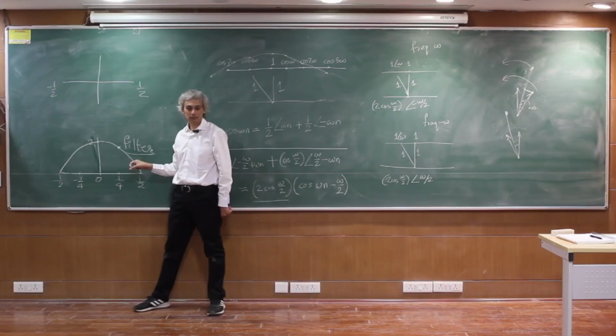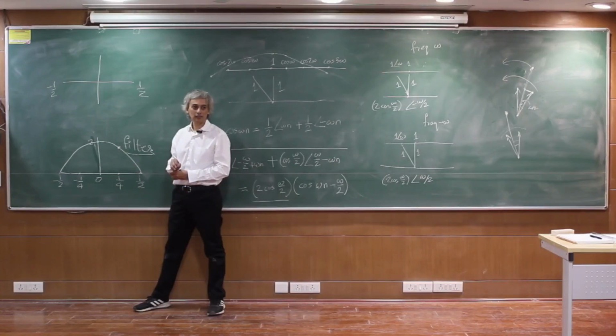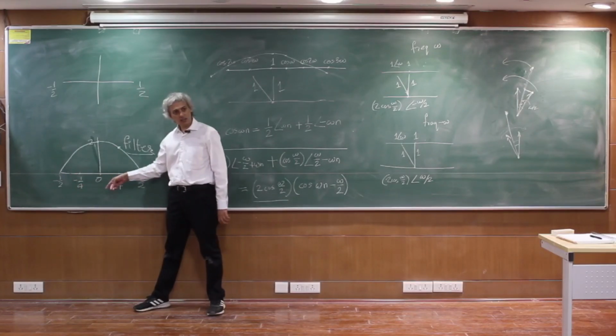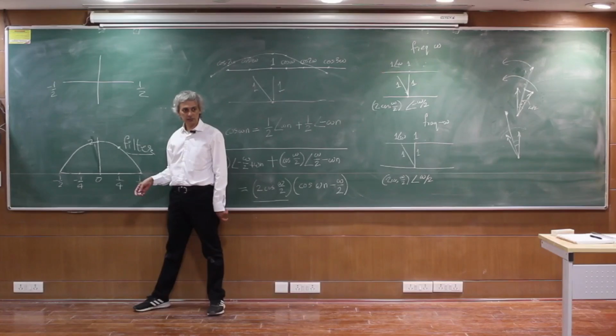Okay? So these plots won't capture the direction of rotation. So we have to specify that they are at opposite, positive frequency, negative frequency. They are capturing the direction of rotation. Okay?